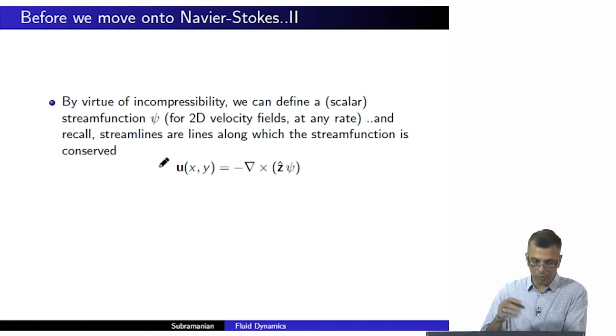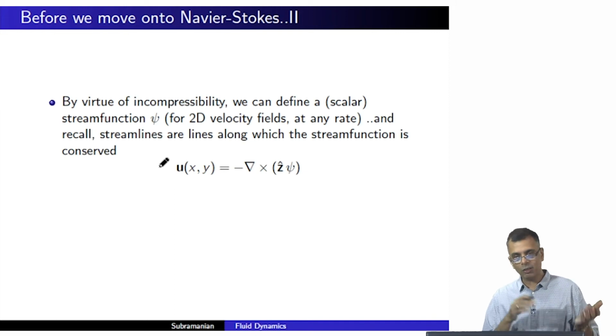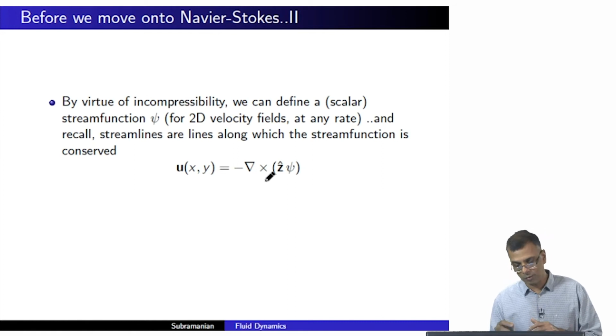By virtue of the fact that the divergence of u is always equal to 0, that's the assumption we are making, and the divergence of a curl is equal to 0, you can write down the stream function like so. Since psi is 2-dimensional, the direction is along the z hat direction, so you can write down this kind of equation for u.